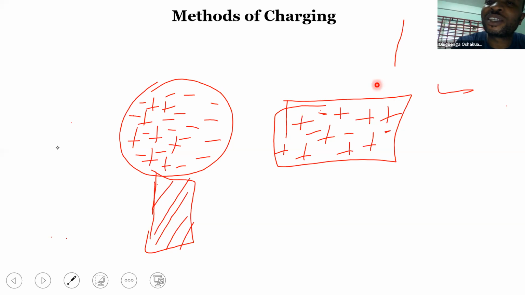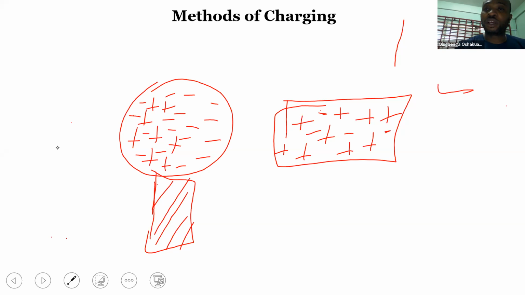So when you take this positively charged body away from the sphere, it will not change the fact that this sphere contains more negative charges than positive charges. So by saying that, we can say that the sphere has been charged by induction.